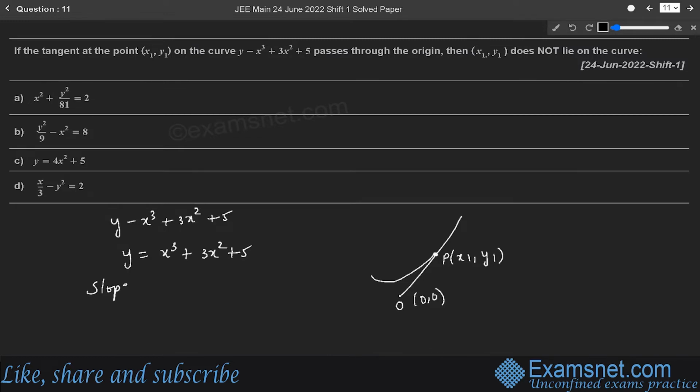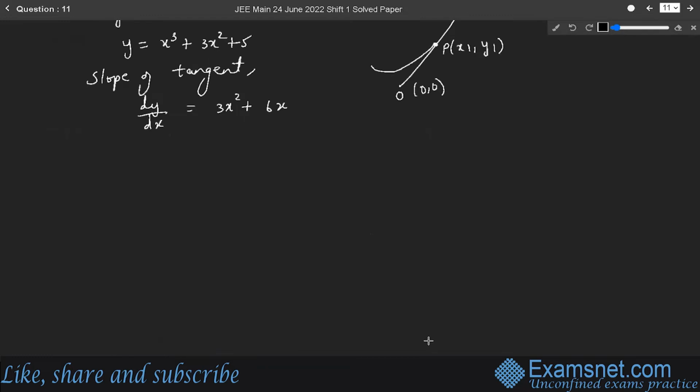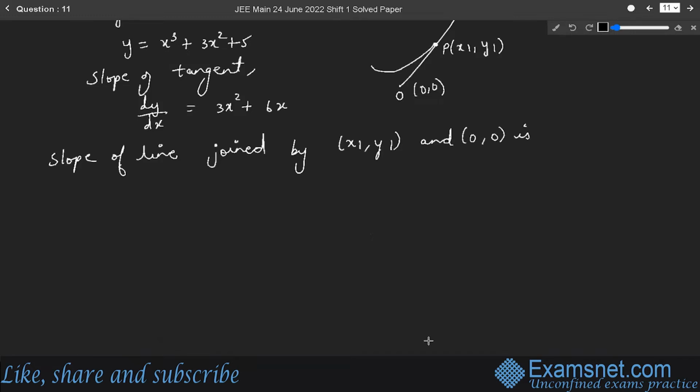Now slope of tangent will be dy by dx, which is equal to 3x square plus 6x. Now slope of the line joined by (x1, y1) and (0, 0) is (y1 minus 0) divided by (x1 minus 0).